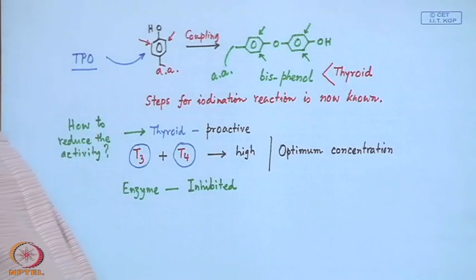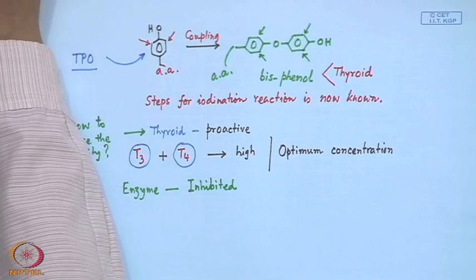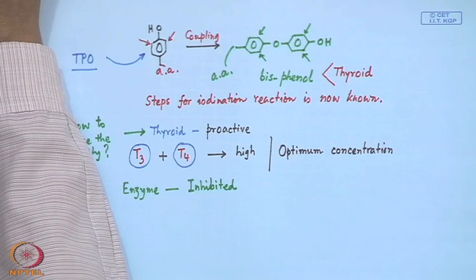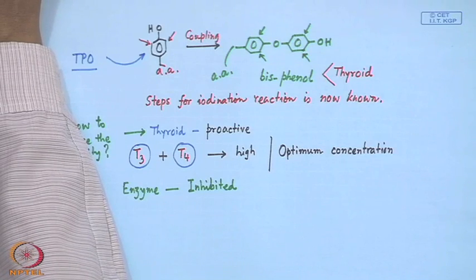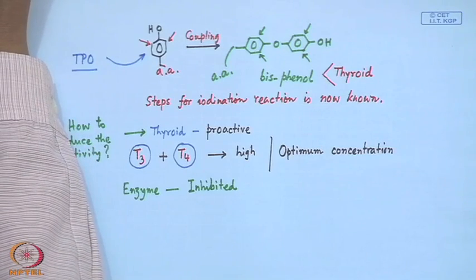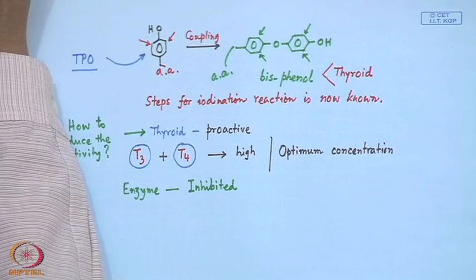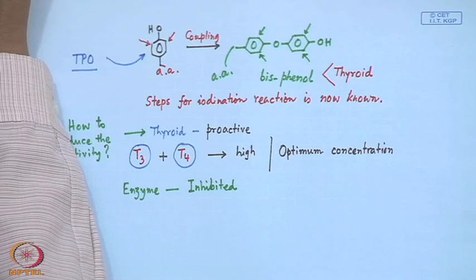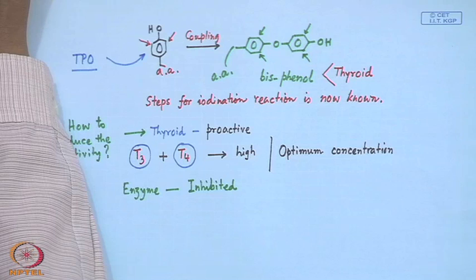So, the inhibition of TPO can be done by the use of some thioamide drugs. These groups are available at some positions, and these thioamide drugs can be considered as binding to the TPO unit.